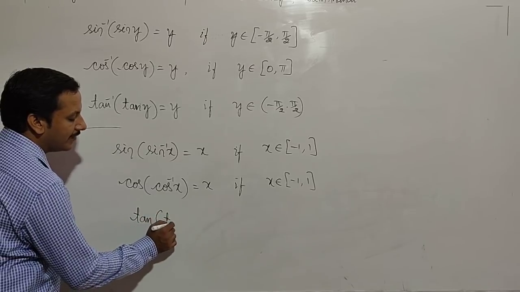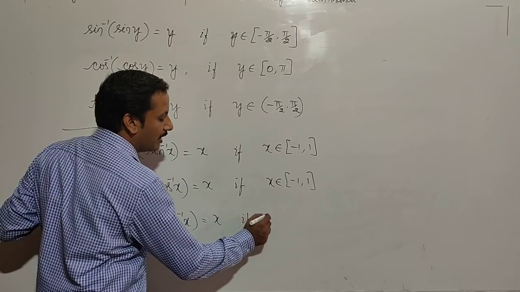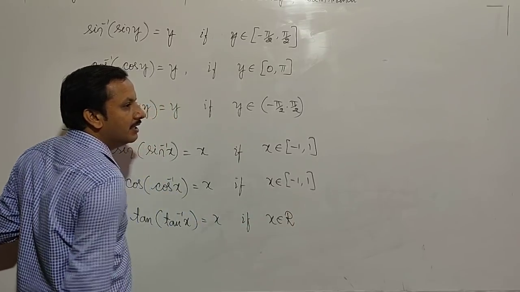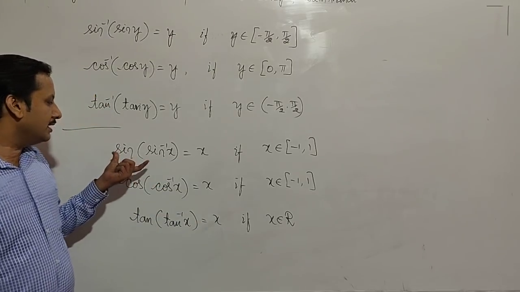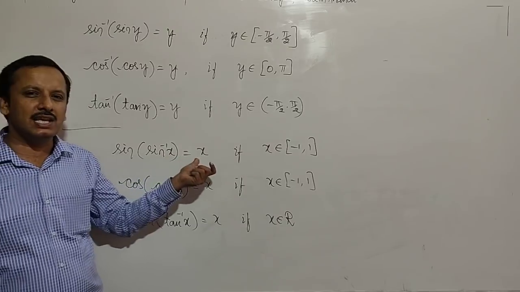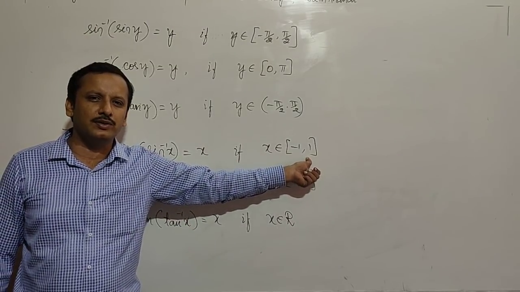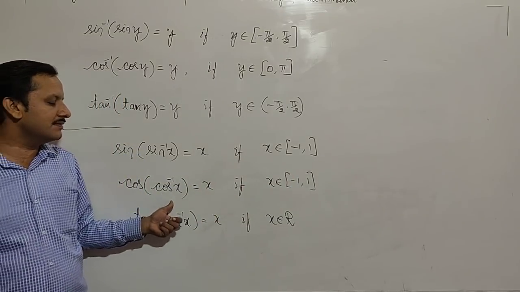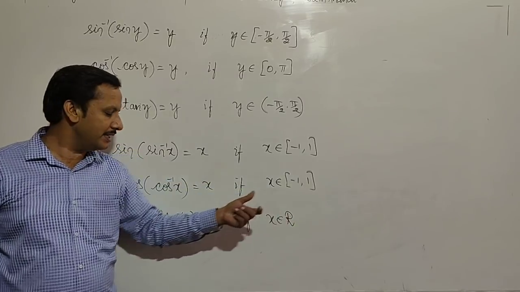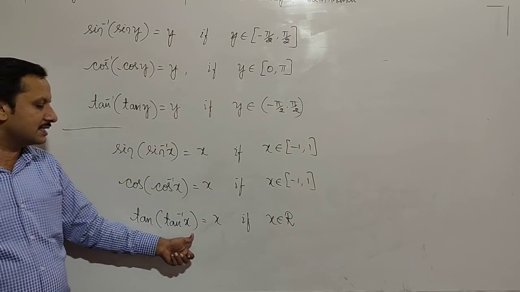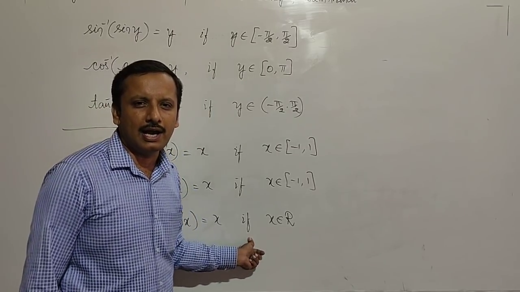Tan of tan inverse x is equal to x if x is a real number, if x belongs to R. So here sin of sin inverse x is equal to x if x lies in the closed interval minus 1 to 1. Cos of cos inverse x is equal to x if x lies in the closed interval minus 1 to 1. Tan of tan inverse x is equal to x if x belongs to R.